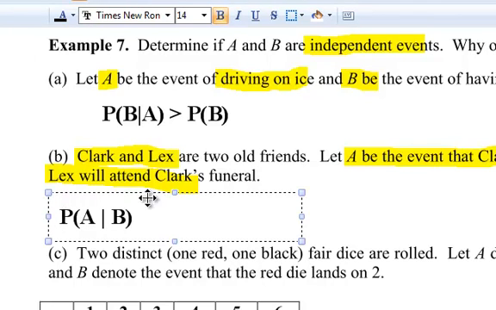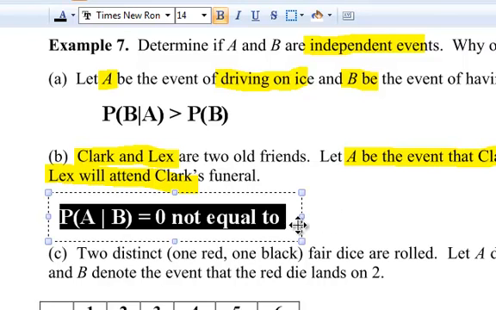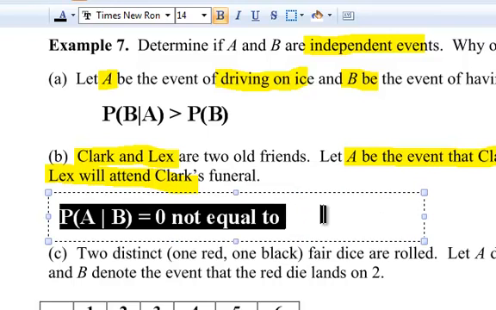Given that we know Lex attended Clark's funeral, what's the probability that Clark will attend Lex's funeral? We know actually that's 0, because if one attended the other, then there's no way they're going to turn around and come back. And 0 is not equal to the probability of A occurring, right?